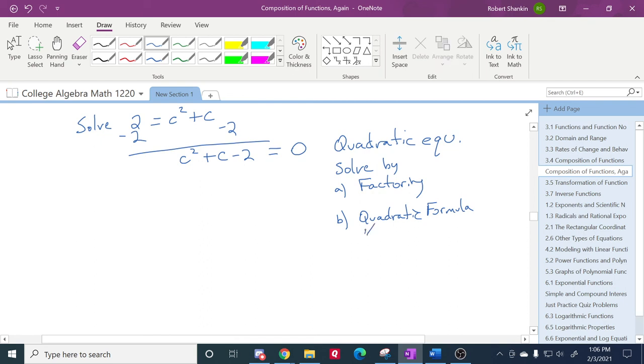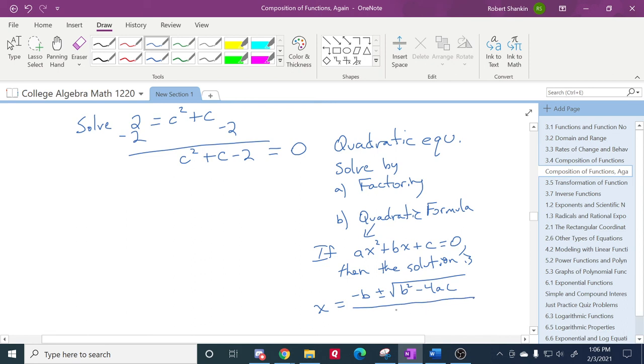Quadratic formula is this: if ax squared plus bx plus c equals 0, then the solution is x equals negative b plus or minus square root of b squared minus 4ac, all divided by 2a.